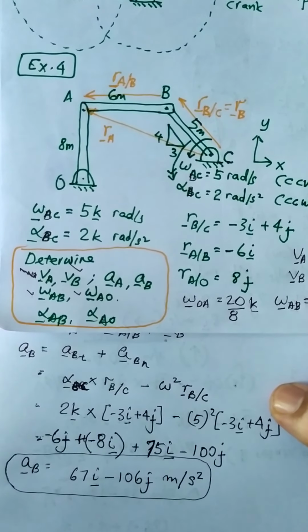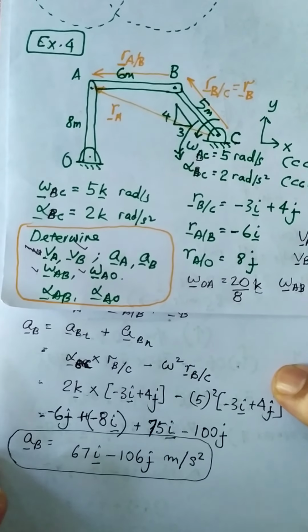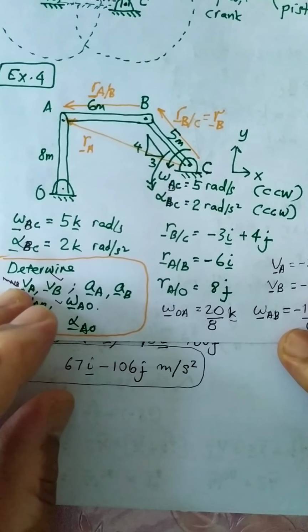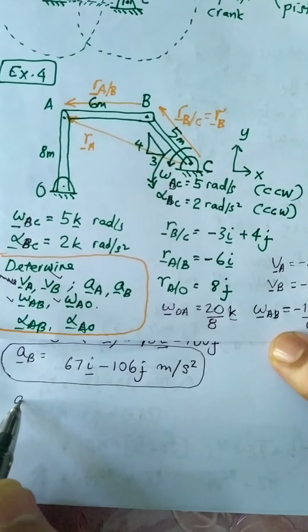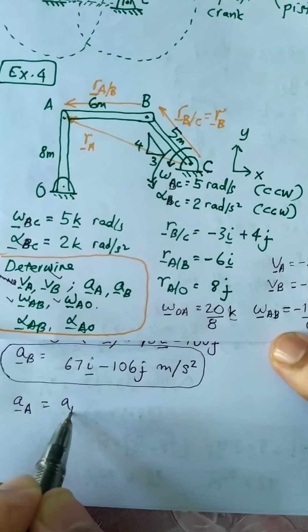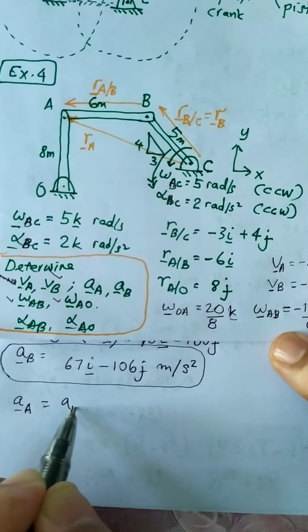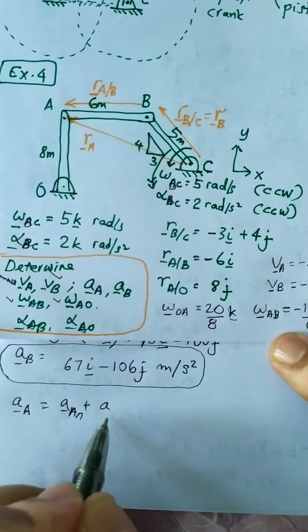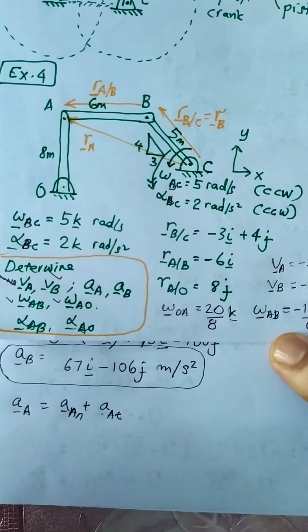Okay, we need now to move to the acceleration of A. So what is the acceleration of A? Similarly, the acceleration of A has two components: A normal, and the acceleration of A in the tangential direction.